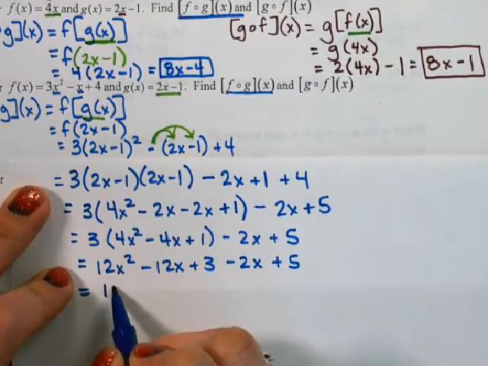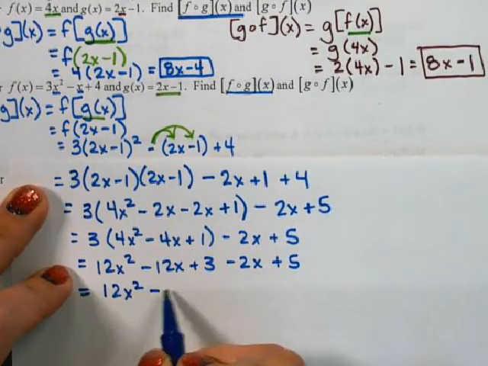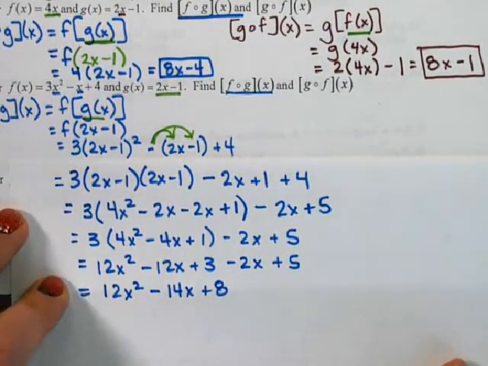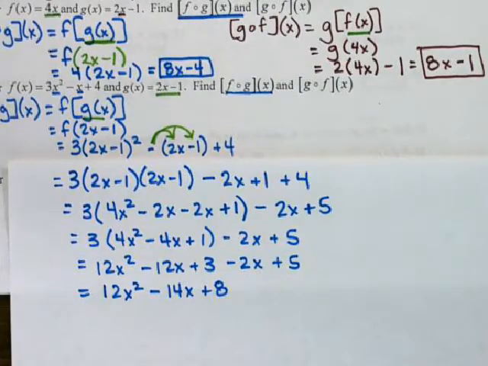So that I get 12x squared minus 14x plus 8. That was a lot. So I plugged my g function into my f function. That's f of g of x. Now we've got to go the other way.